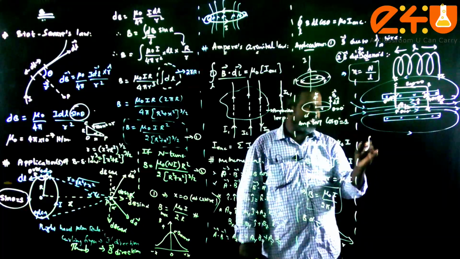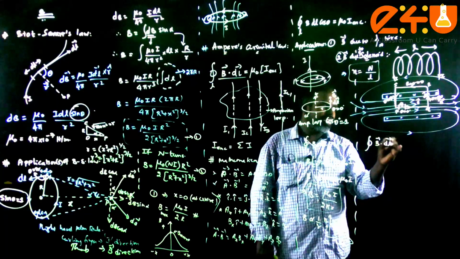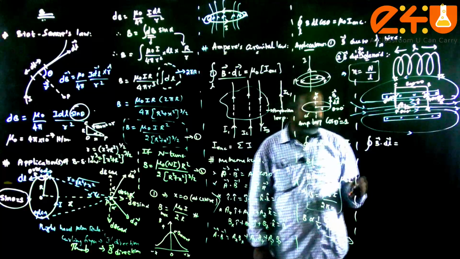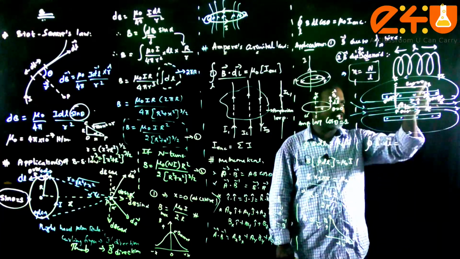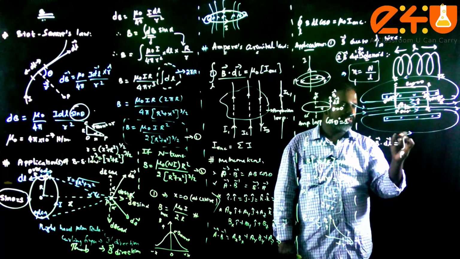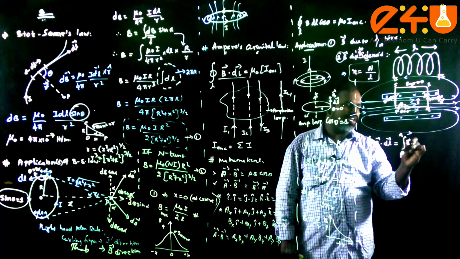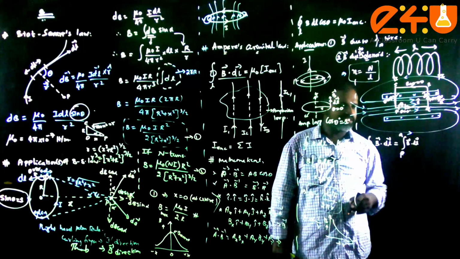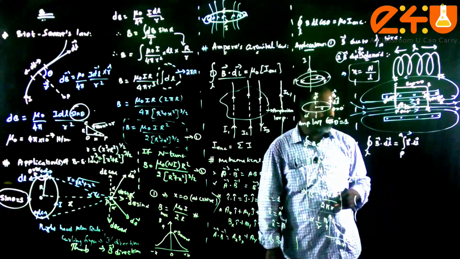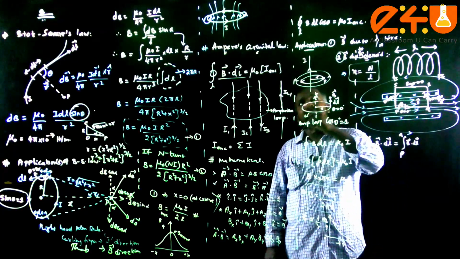Therefore this line integral of B dot dl can be divided into 4 segments. That is the line integral from P to Q, B dot dl. This is the splitting of this line integral. Now please see that, as we said, B dot dl is nothing but B dl cos theta.